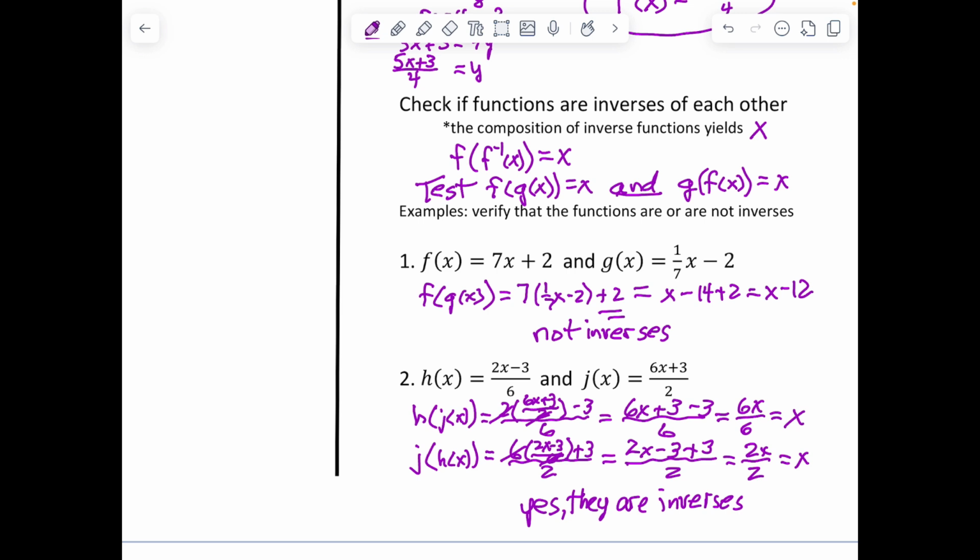The formal way is to test to see if the composition equals x. In both ways, you do the composition with both functions being the input for the other function. Or the other way to do it is to just take one of the two functions, find its inverse to see if it matches the other. So this is how we work with inverses, to find out both what is the inverse function and to verify if something is an inverse function of another.